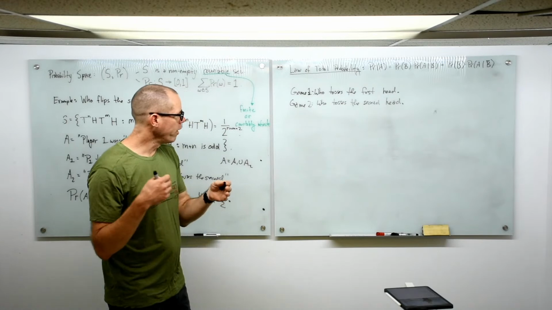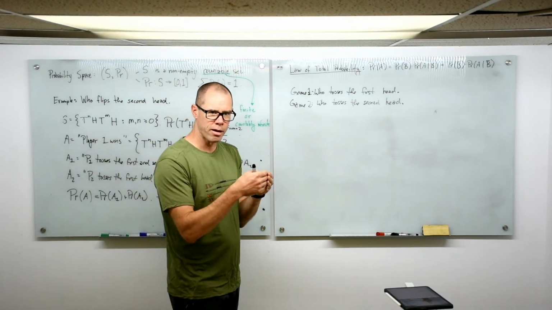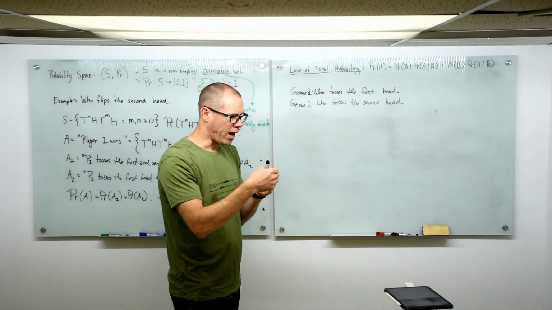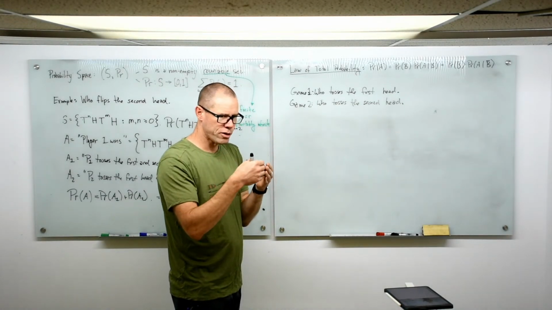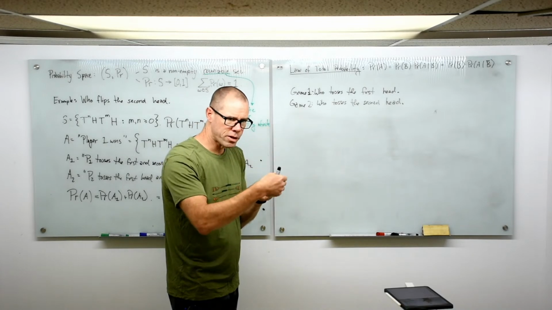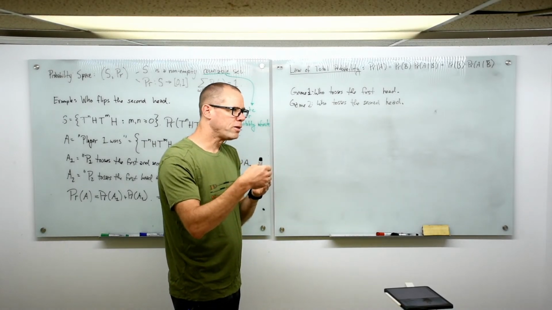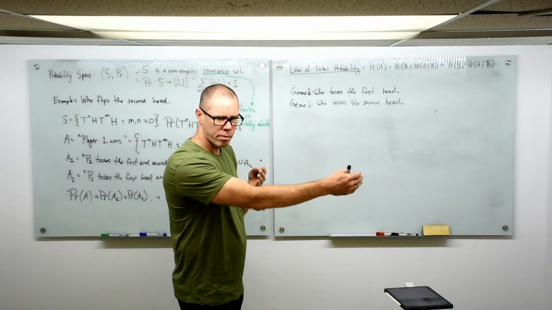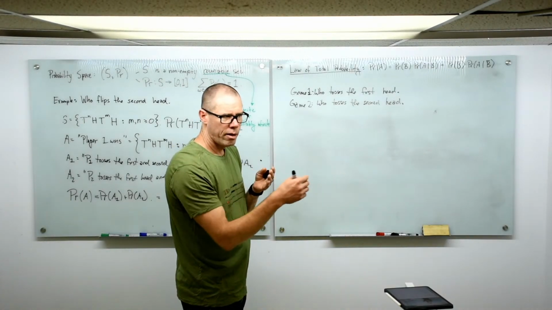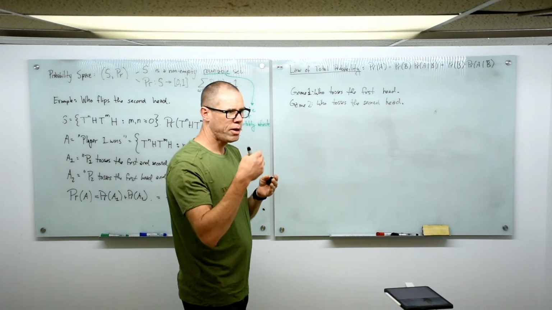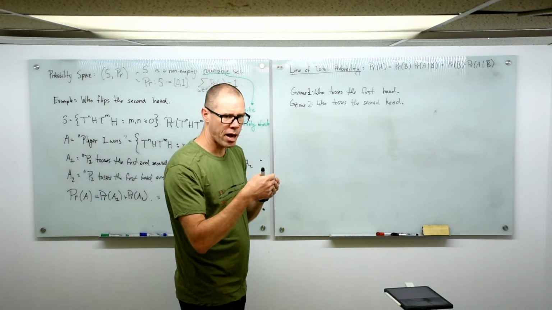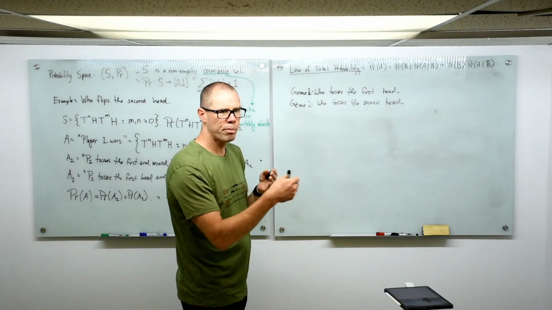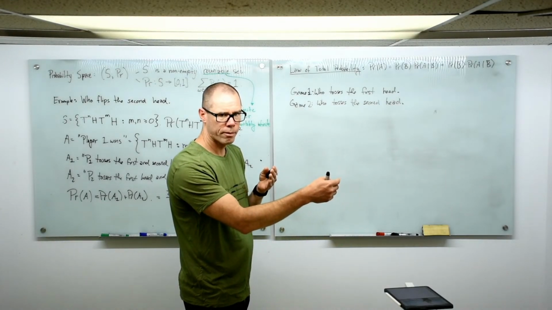So if player 1 tosses the first head, that means after that, player 2 is starting, and they're going to win if they toss the next head. But that means what's really happening after player 1 tosses the first head, we're starting another version of game 1, except player 2 is going first. Okay.